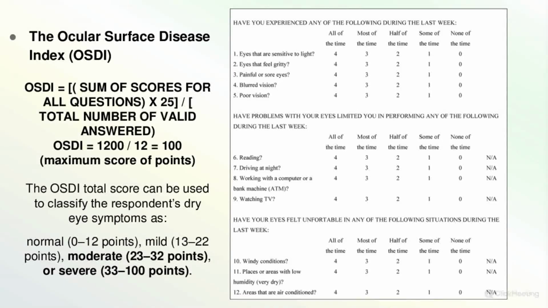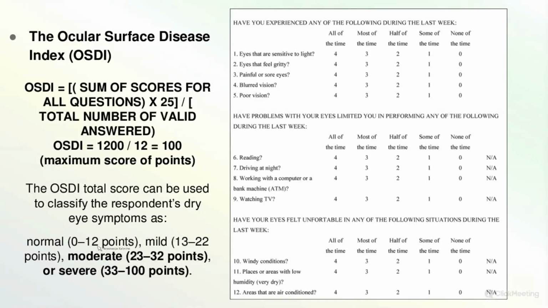What you can see on the screen is also the formula for how to score the result. As you see, the maximum score is 100, and it's also suggested to classify the respondents' answers.